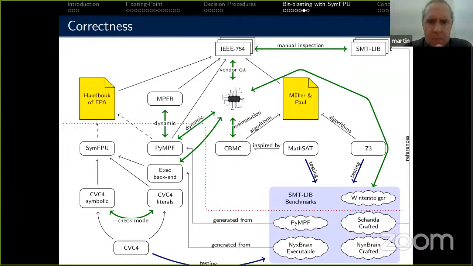Correctness. Given that we're building these sort of things, you might ask, well, how do you know they're right? So this is our ETAPS paper from a couple of years ago. We went through a very extensive verification process for trying to demonstrate that the circuits it generates are actually correct.